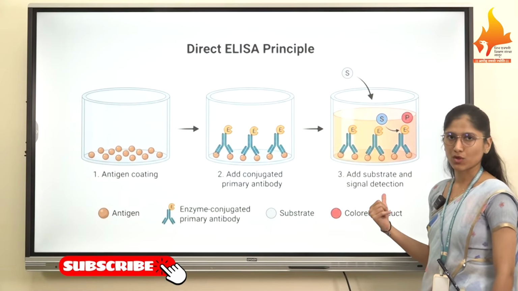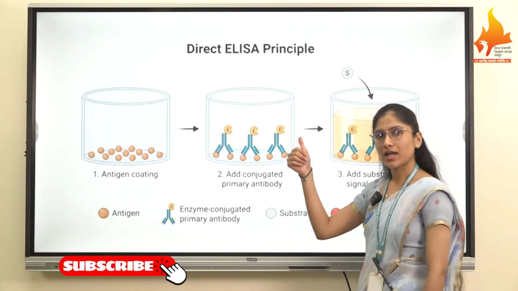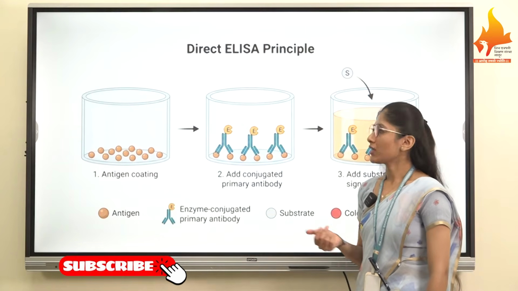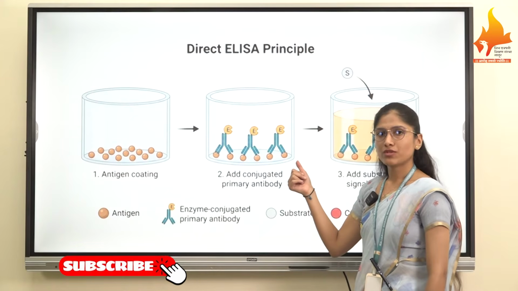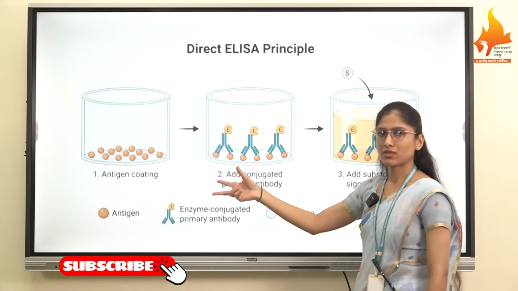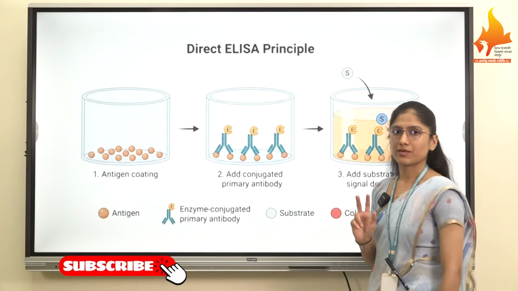Here we measure the absorbance. That is the direct ELISA. The direct ELISA is very simple, but less sensitive. It is a straightforward procedure and requires less time because it requires few steps. That is the direct ELISA.